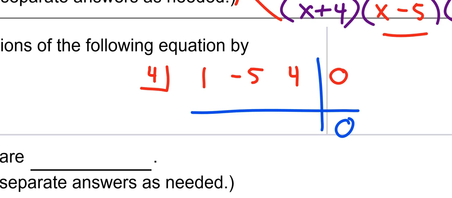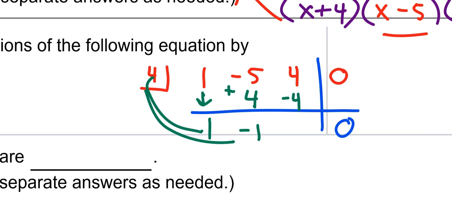Everybody knows we're going to get a 0 down there, but I'm doing it to show you the placeholders, because if you didn't, you might get the wrong answer. So carry down the 1. When I multiply these together, what do I get? 4. When I add down the column, what do I get? Then I multiply and I get -4, then I add, and I multiply, and I end up with my 0.